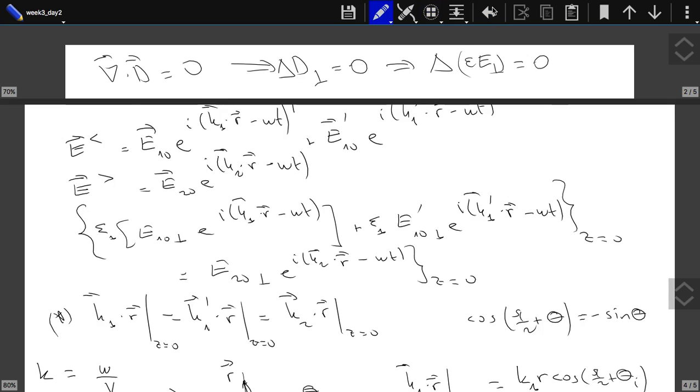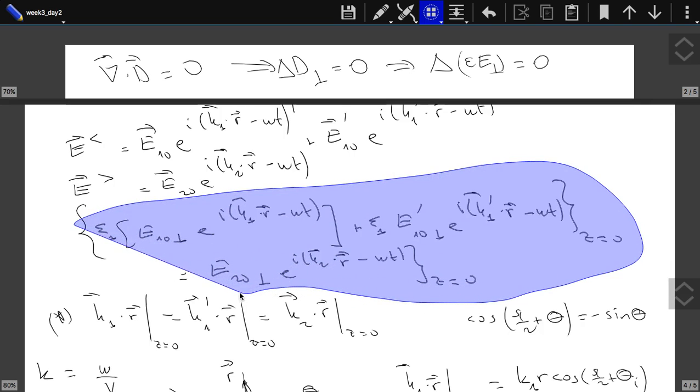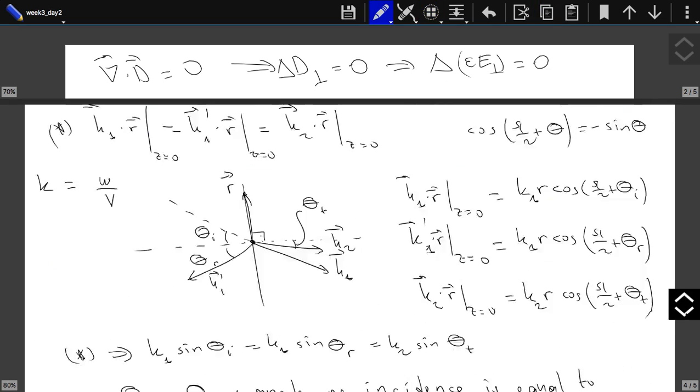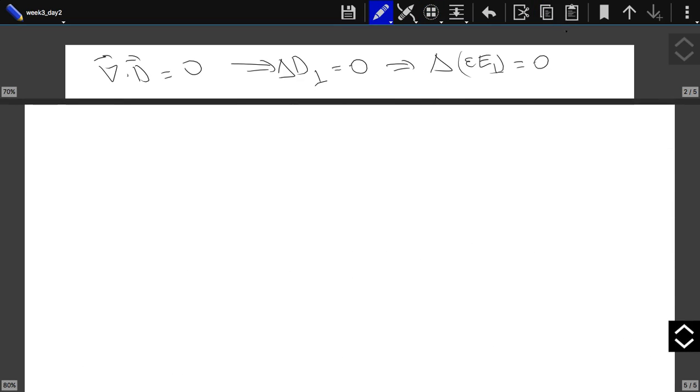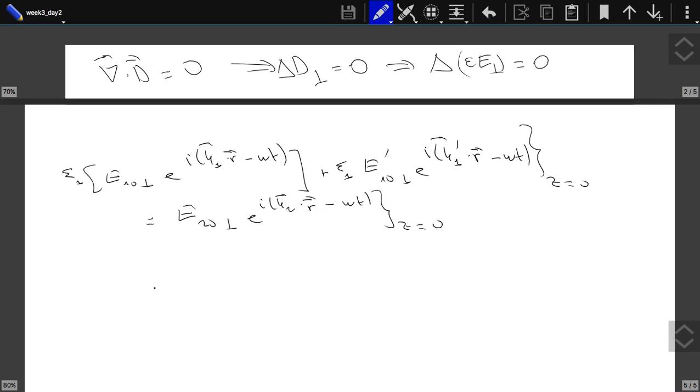This equation, well, k1 r is equal to k1 prime r is equal to k2 r. Omega t is equal on both sides, so I can just cancel them.